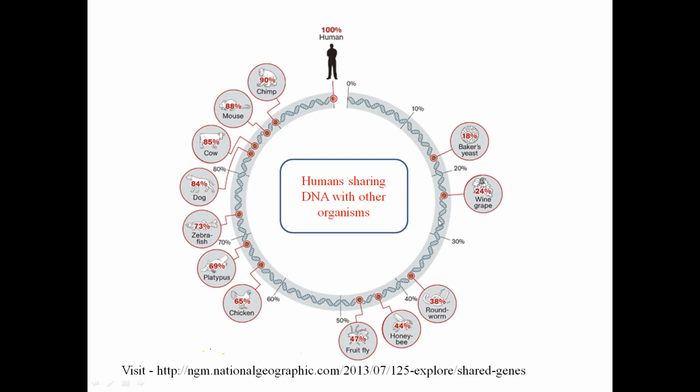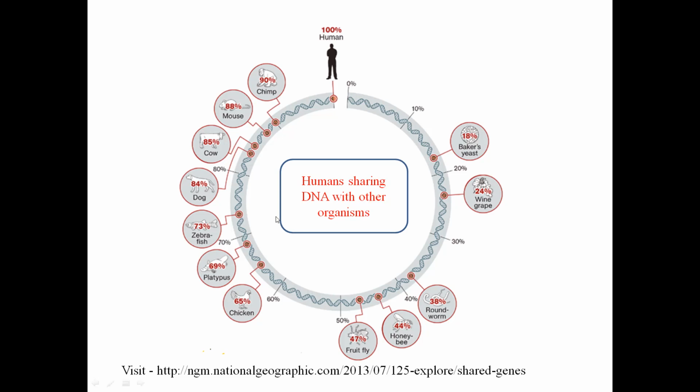Humans share some DNA with other organisms. Taking 100%, nearly 18% of the human genome, or DNA, is shared with baker's yeast, 24% with pine crab, 38% with roundworm, 42% with honeybee, 47% with fruit fly, 65% with chicken, 69% with platypus, 73% with zebra, 84% with dog, 85% with cow, 88% with mouse, and 90% with chimp.